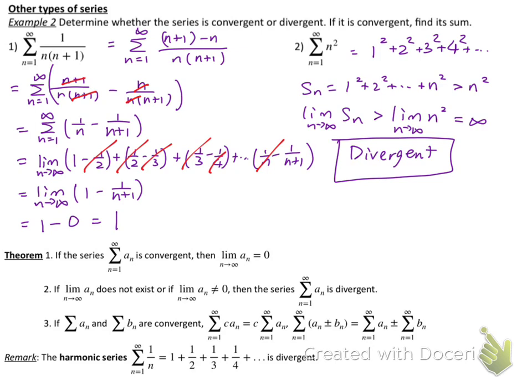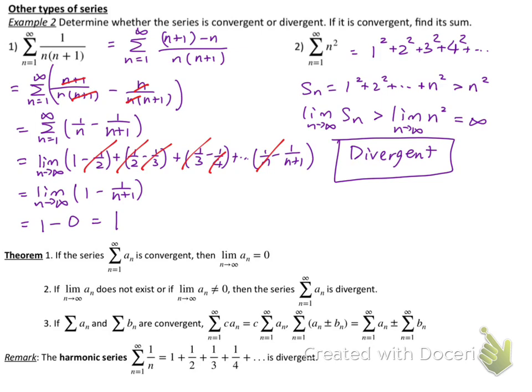If a series is convergent, the limit of an has to be 0. And then the backward is also true, which is if the limit of an is not 0, which means it could not exist or exist but not equal to 0, then the series is divergent.